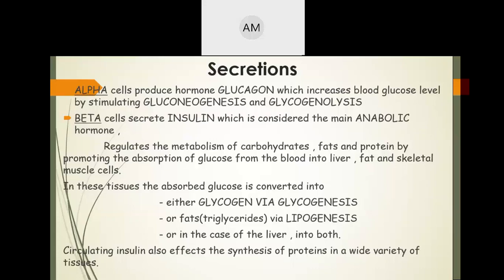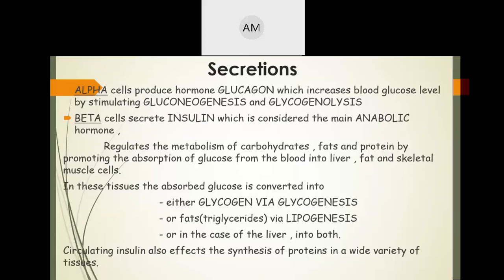For example, the cell is an almirah or a case with a lock on it, which means the receptors, and insulin is the key. When the key is inserted into the lock, the door opens for glucose, amino acids, and fats to come inside the cell. So insulin is very much needed for glucose utilization by the cell.